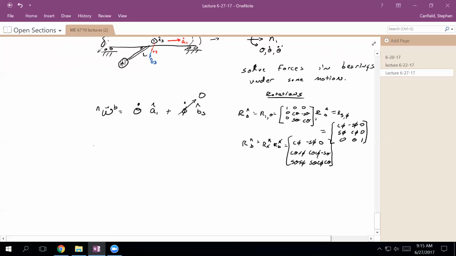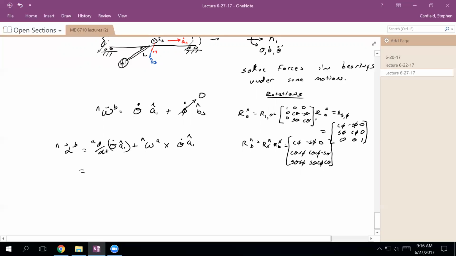Let's now get the angular acceleration, alpha B N, which is the time derivative of omega B N. And it's currently in A-frame coordinates, so I'm first going to take the derivative in the A-frame coordinates, plus the angular velocity of frame A relative to N crossed with this vector, theta dot A1. I'm doing it this way to just practice doing the derivative. You could express it in the B-frame coordinates and do the same thing there.